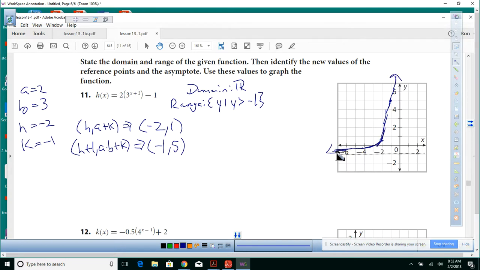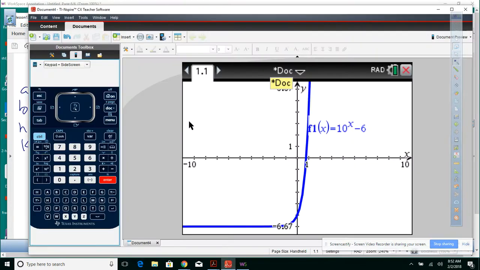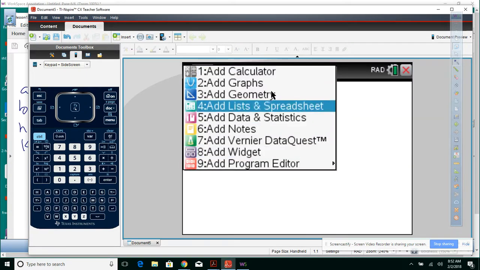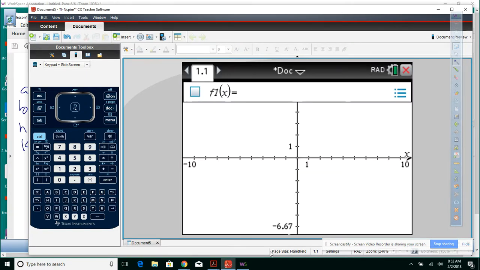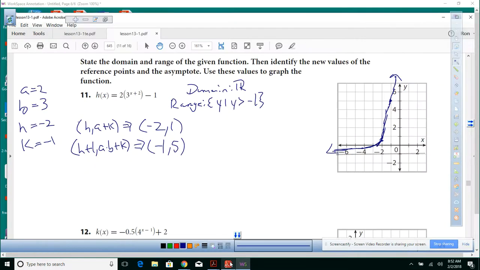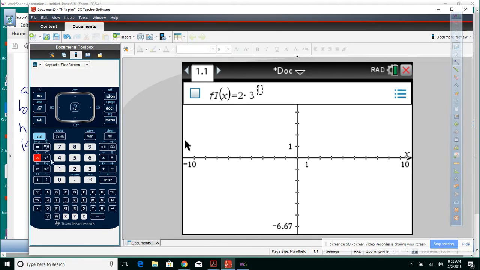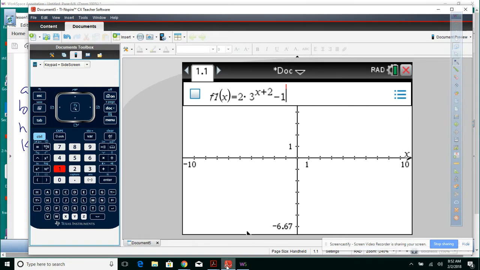The calculator makes that turn so much smoother. So let's try this in our calculator. On, new document, graph. And then what's the equation? We have 2 times 3 caret x plus 2 minus 1. Let's see if we got that right.